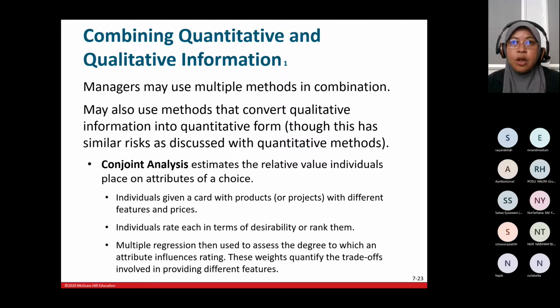However, for a real call, for example, to decide whether the real call is accepted or not accepted, the firm can use qualitative to justify if the call is needed, approved, or rejected.